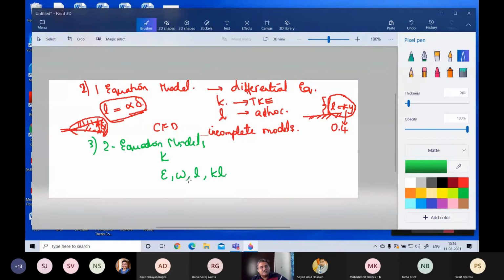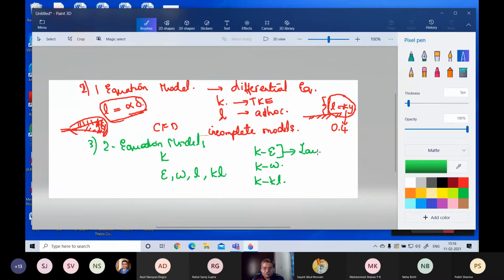So when you have the two equation models, these came to be called the K epsilon model if K and epsilon are used. If K and omega are used, it is known as a K omega model. If K and L are used, it is the KKL model, K into KL, which was quite famous. The K epsilon model was developed mainly by Launder.